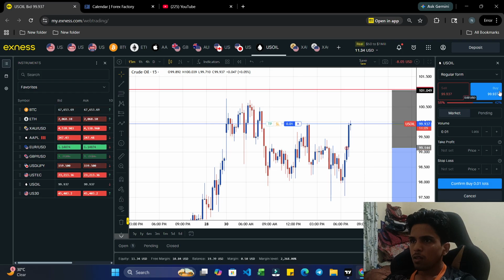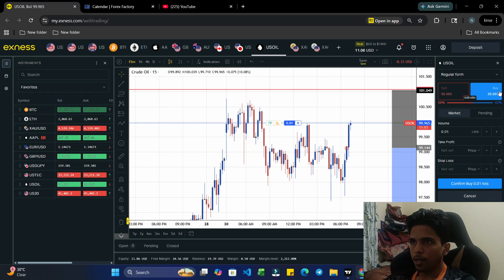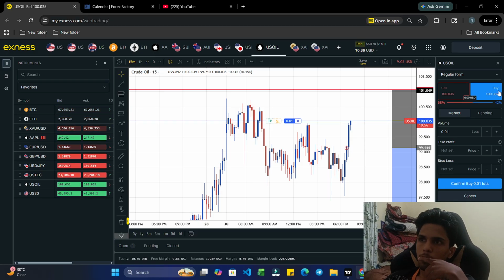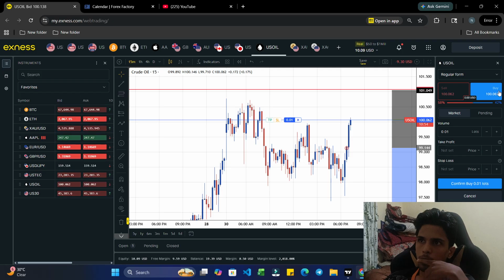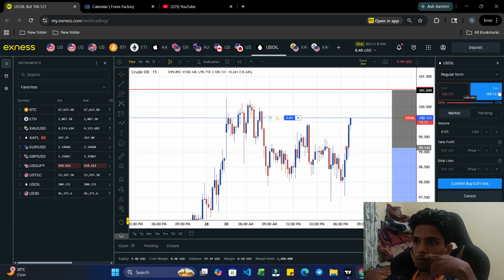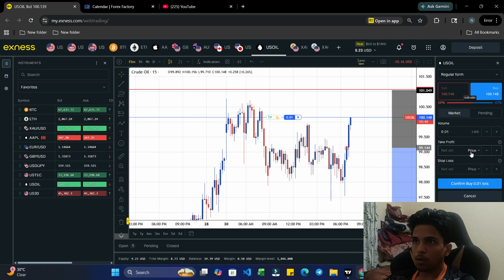So we are now paying $8 for our mistake of not entering quickly as we had to. Now it is going for $10. That is not a good sign for a trade.